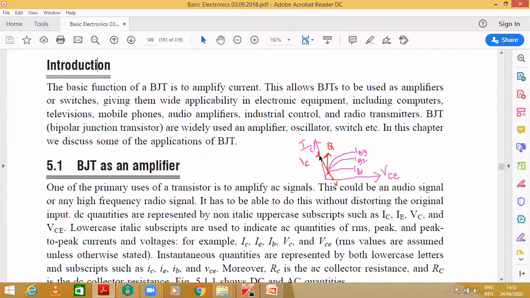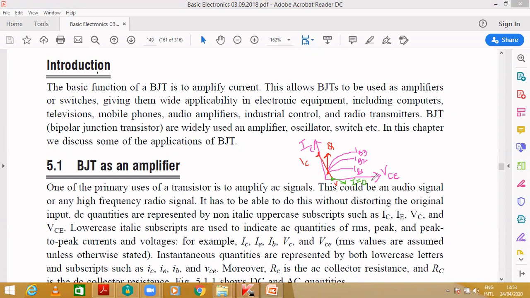Suppose the operating point is somewhere here. Let's assume the operating point, the Q point, is here. At this point the current will be 0.